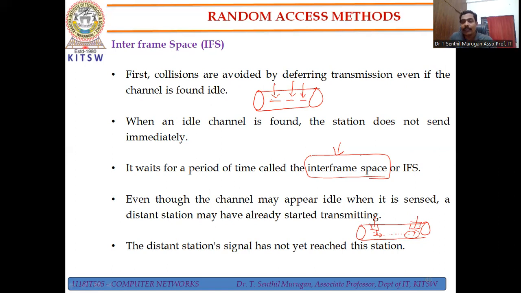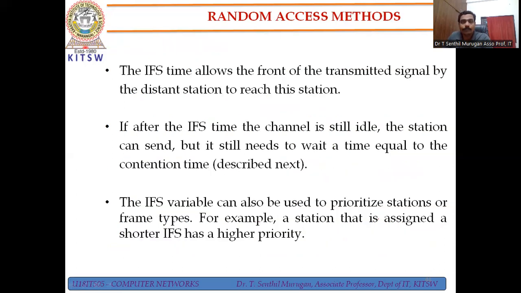Why? Because the interframe time is allocated, and it should wait for that particular time. It does not send immediately because the other station may have started the transmission. So the interframe time allows the first bit of the transmitted signal by the distant station to reach this station.